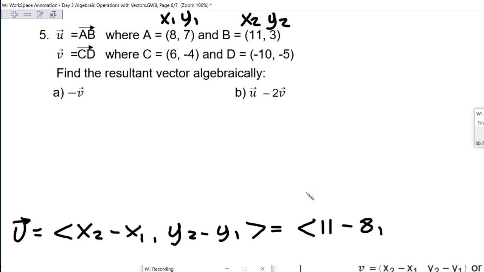What is y2? 3 minus, what is y1? 7. So the component form, what's 11 minus 8? 3. And 3 minus 7? Negative 4. So there's the component form we need to use. That one's 3, negative 4.